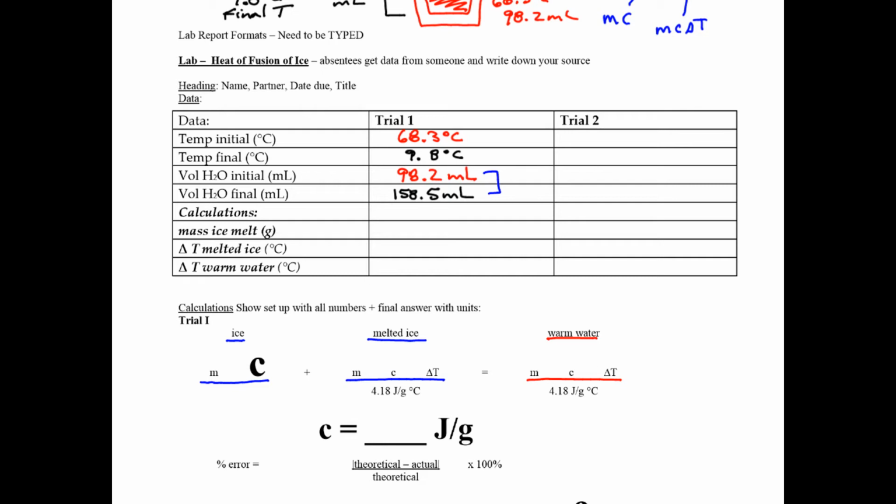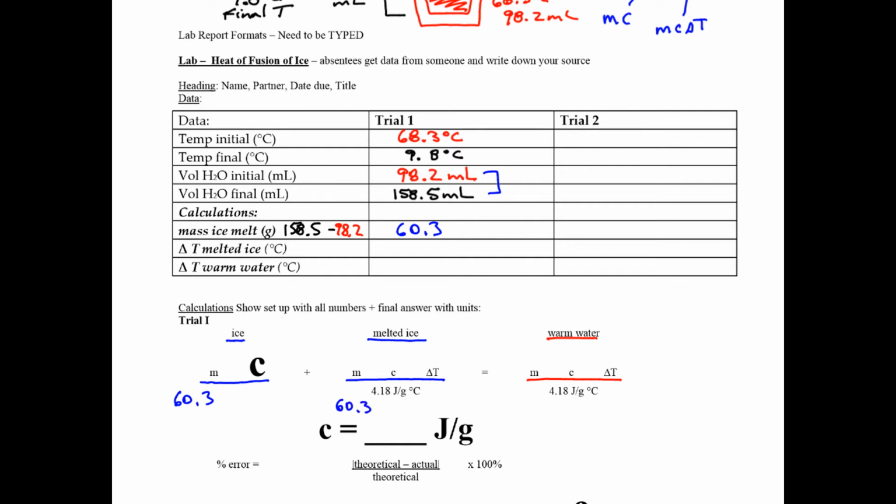It's going to be 158.5 minus the 98.2, which was the hot water. And that's going to give you how much ice melted, which is 60.3. So that's going to be your M right here. So this is 60.3, and then this is also 60.3.